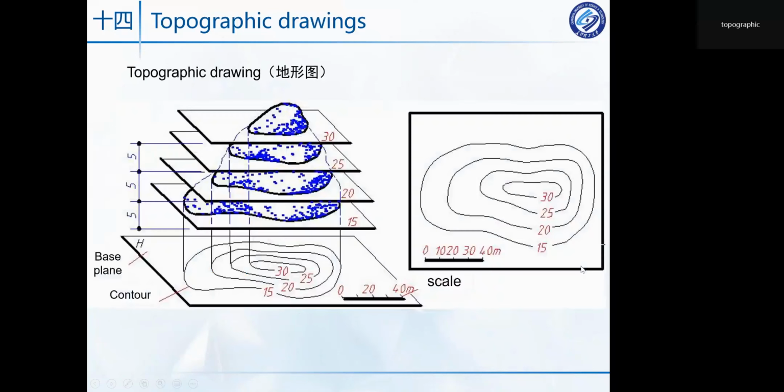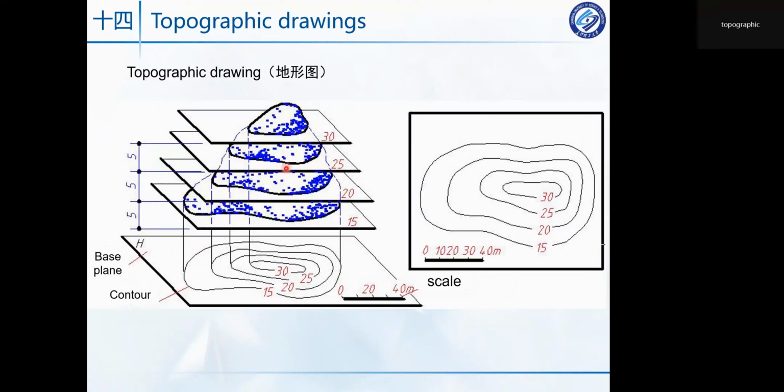Okay, next one. That is the way to get the topographic drawings. Here is like a mountain, and here is the base plane. We are going to get a projection of this object onto it.